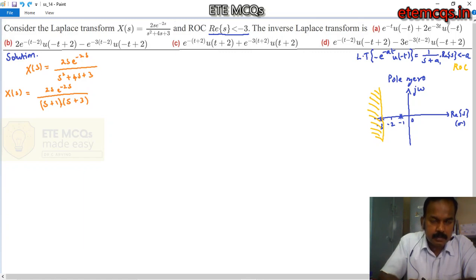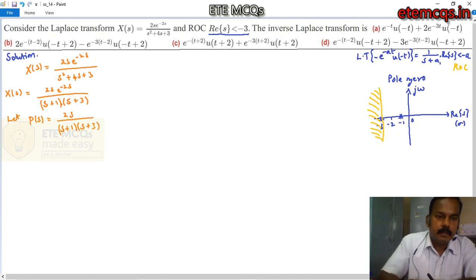So let us substitute: let P(s) equal 2s divided by (s plus 1)(s plus 3), such that X(s) is equal to e^(-2s) into P(s).